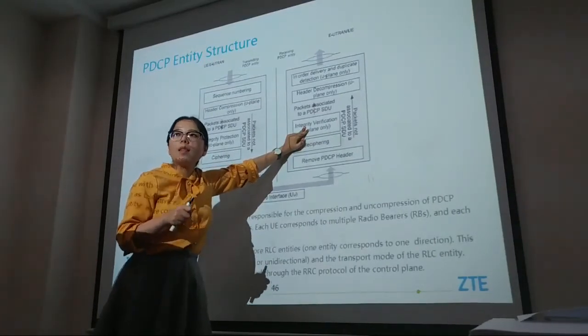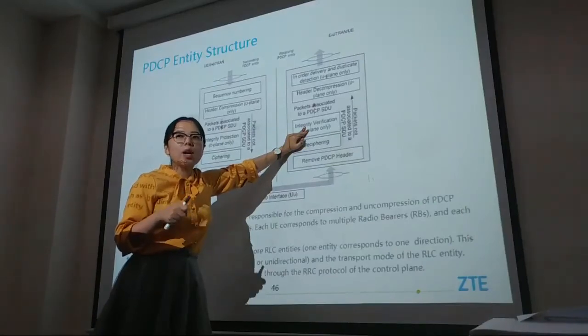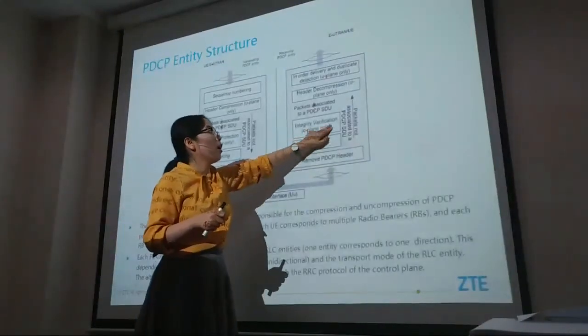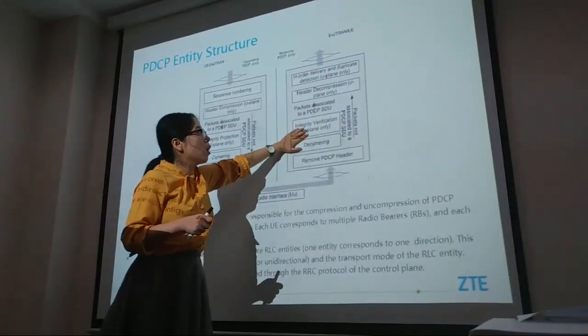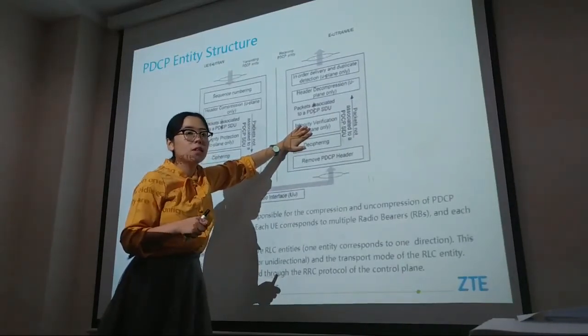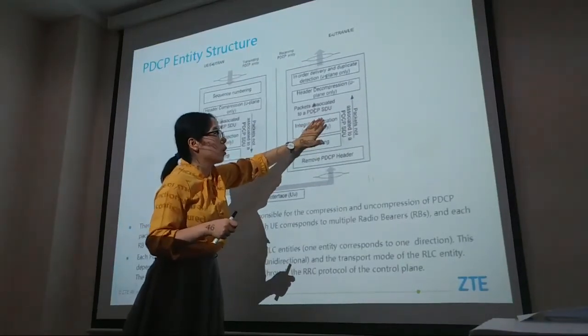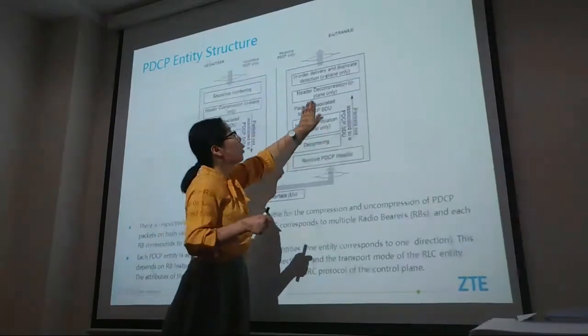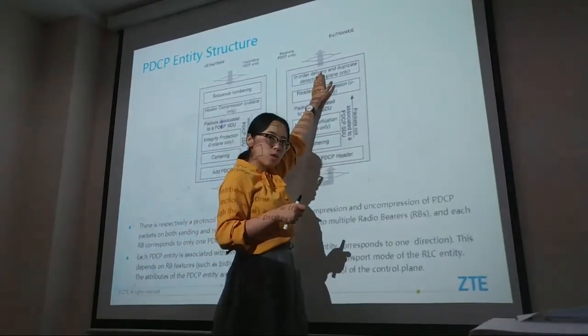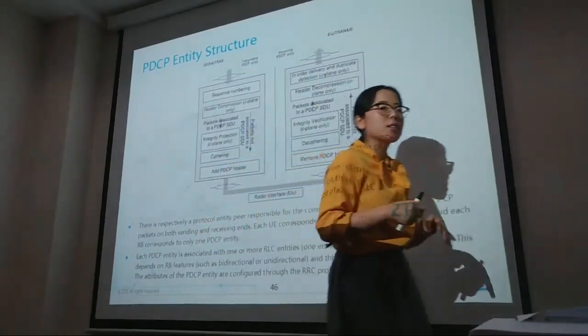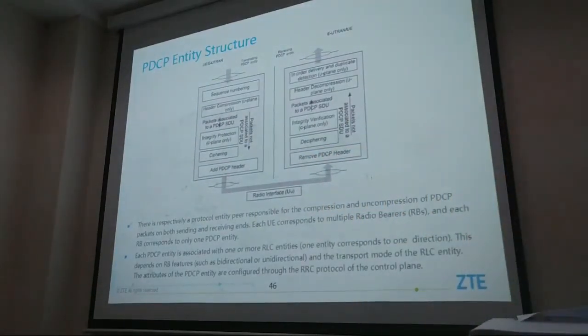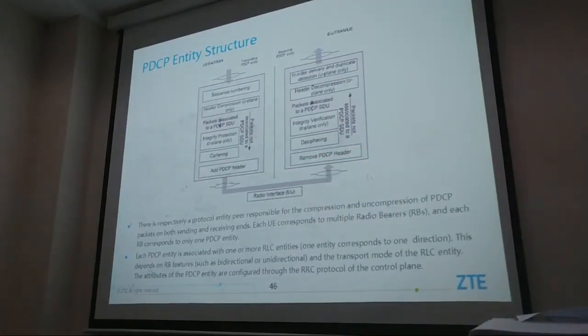So one reason for RRC re-establishment is integrity verification failure. If it's okay, we deliver it to the RRC layer. So this is the PDCP procedure.